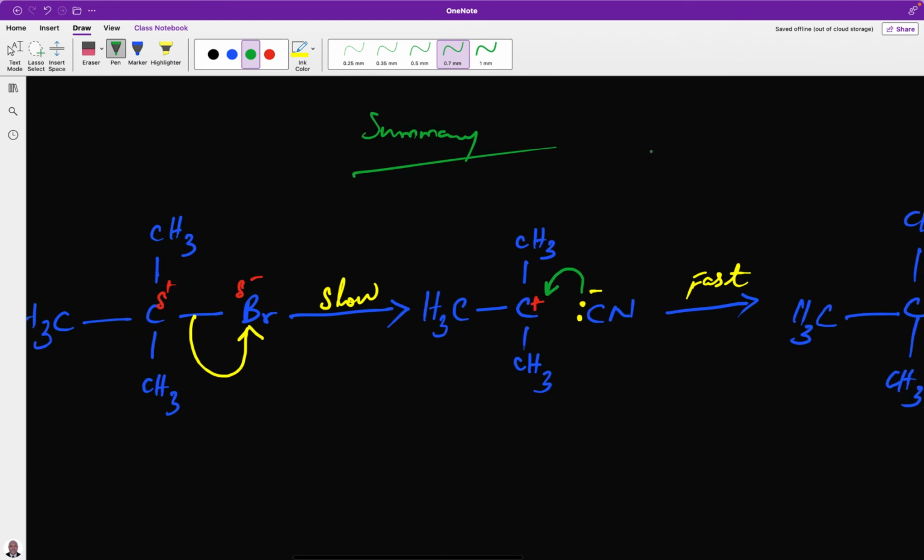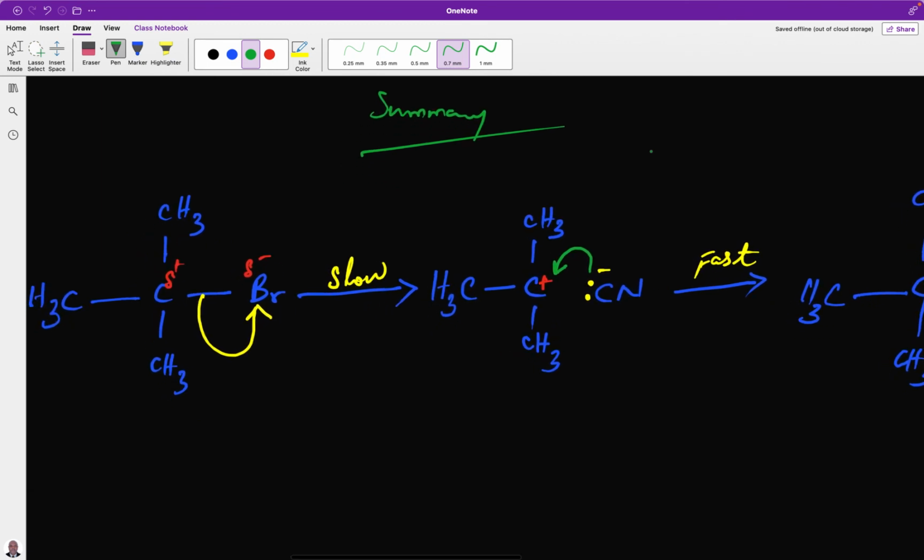The summary of the reaction where the tertiary halogenoalkane does what? Ionization. The first step is ionization. It is a slow process leading to what? Ionization leading to the formation of a bromide.